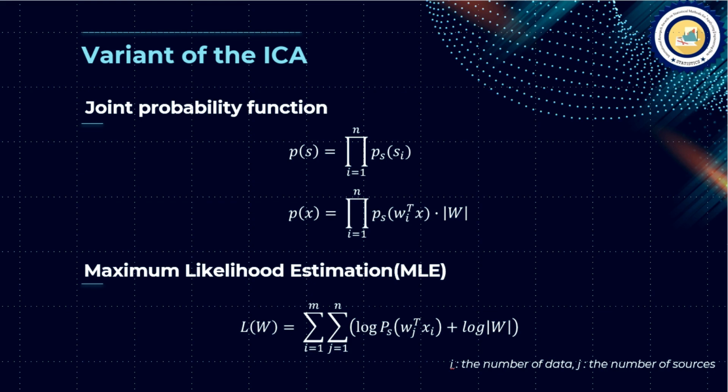Conventional MLE, that is, maximum likelihood estimation, optimizes the probability density function parameters of the subcomponents, but we can observe that in this study we use the mixing matrix W and its elements as optimization parameters.